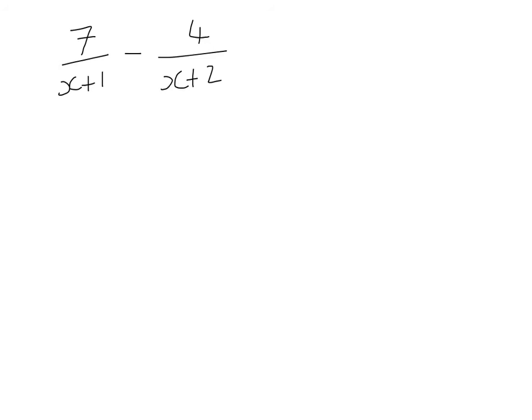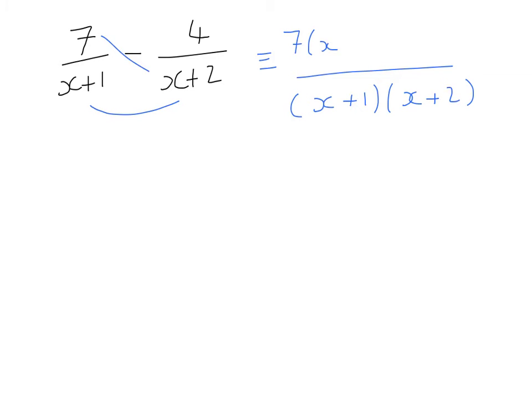Okay, this example is a little bit simpler. We're going to get a quadratic, a trinomial on the bottom. If we multiply together the denominators, that would be x plus 1 times by x plus 2. And then cross multiplying will give us 7, x plus 2 minus 4, x plus 1.